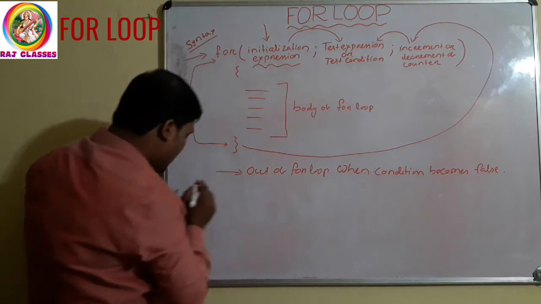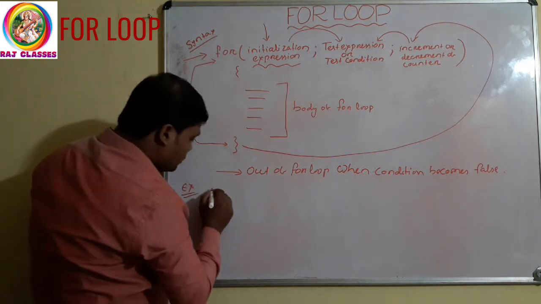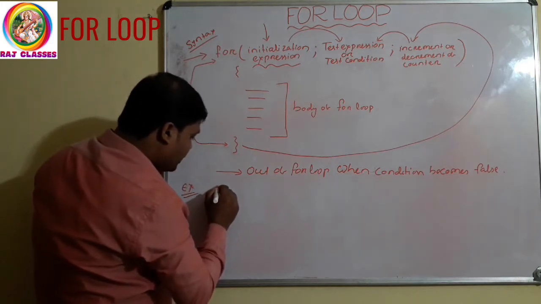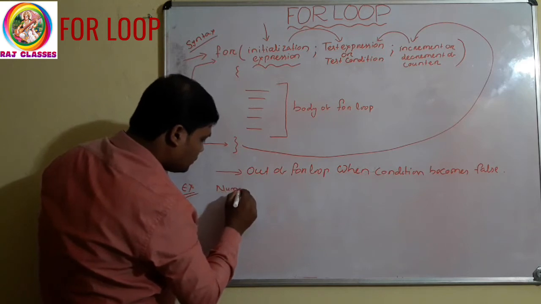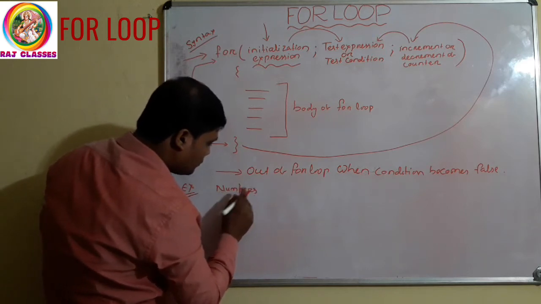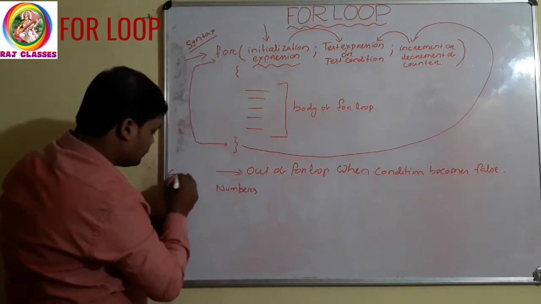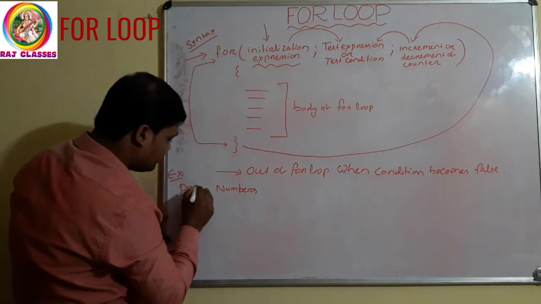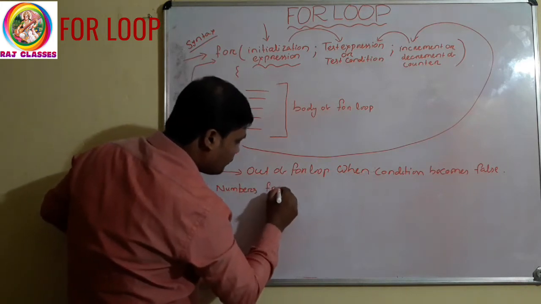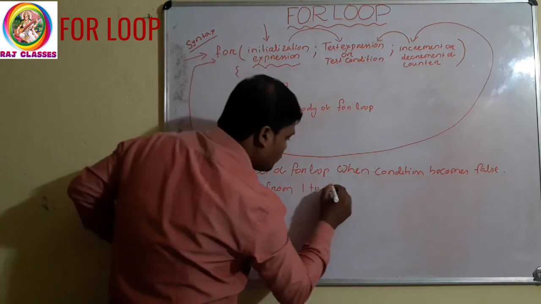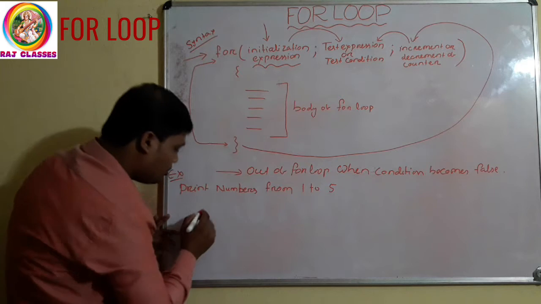Now see, I am taking one example. Suppose I want to print the numbers from 1 to 5. How will you write it in for loop?